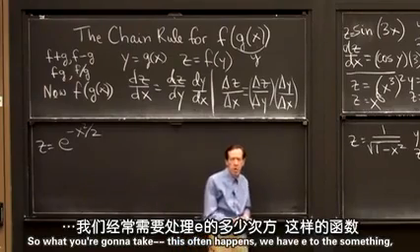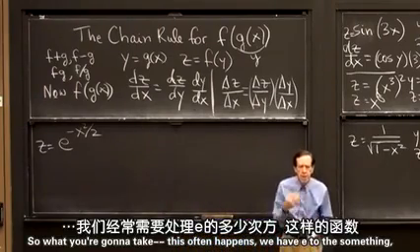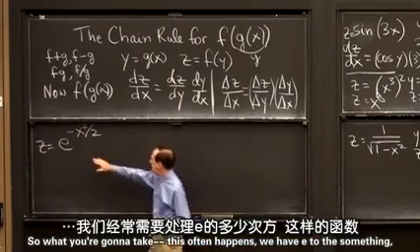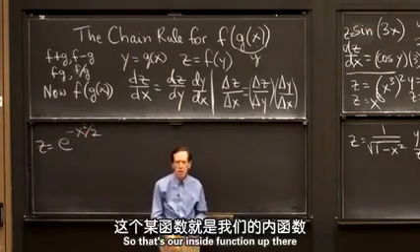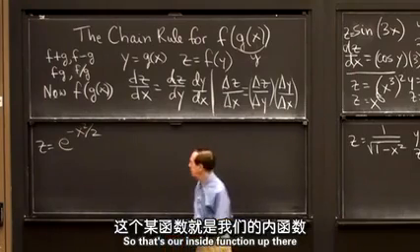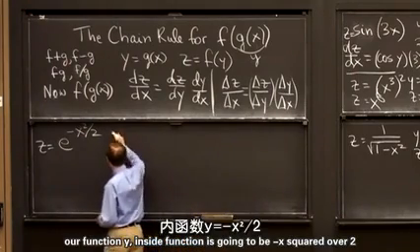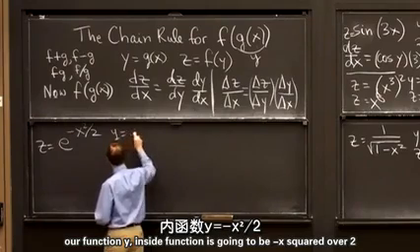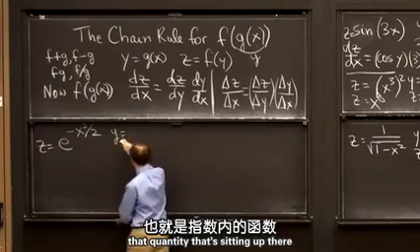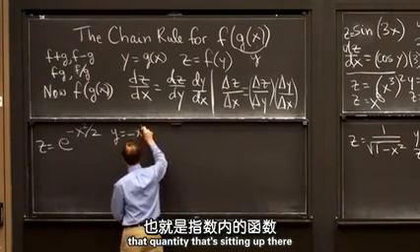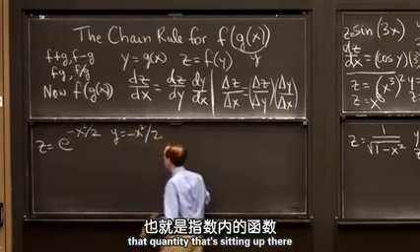Okay, so what are you going to take? This often happens. We have e to the something, e to some function. So that's our inside function up there. Our function y, inside function, is going to be minus x squared over 2, that quantity that's sitting up there.